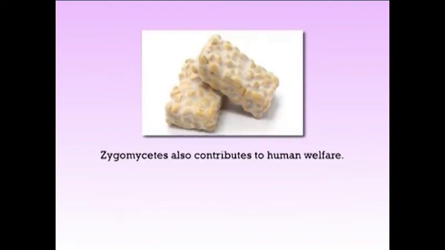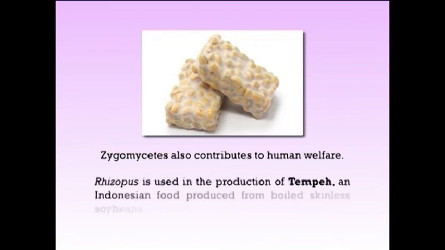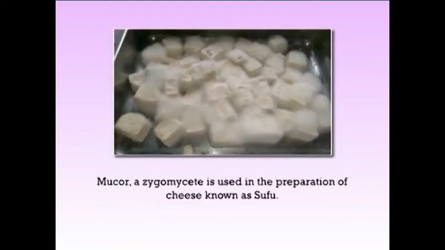Zygomycetes also contribute to human welfare. One of them is Rhizopus, which is used in the production of tempeh. Tempeh is an Indonesian food product that is produced from boiled skinless soybeans. Another example is Mucor.